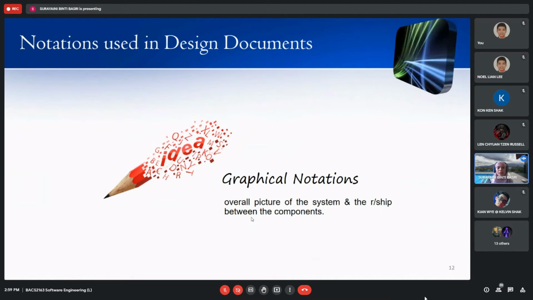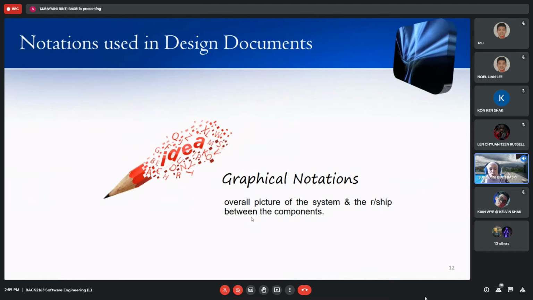That is an example of graphical notation, because it shows the relationship between each client and the server, and also the medium that connects the client and the server. So the first notation that we can use is the graphical notation.